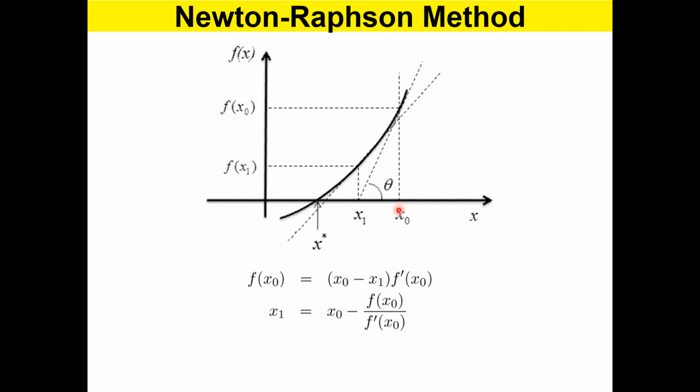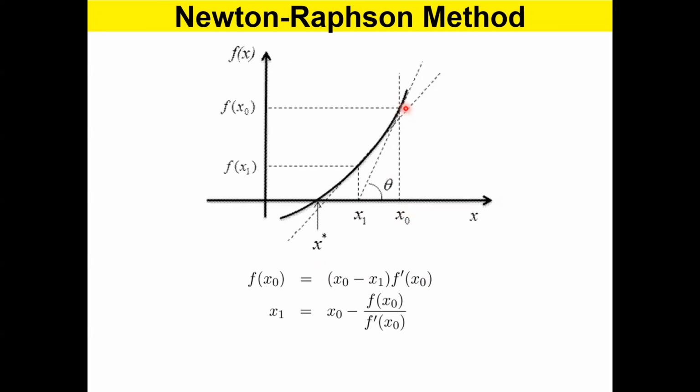You can write down this equation: fx0, this height, is equal to this base length times tan theta. The base length is x0 minus x1. This is the base times tan theta. What is tan theta? It is the first derivative, f dash x, evaluated at this point, x0.